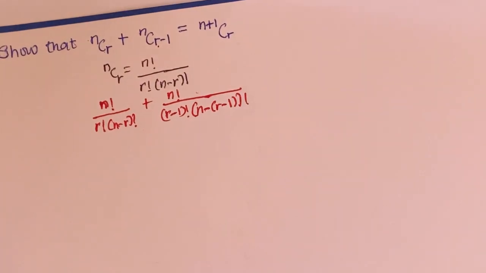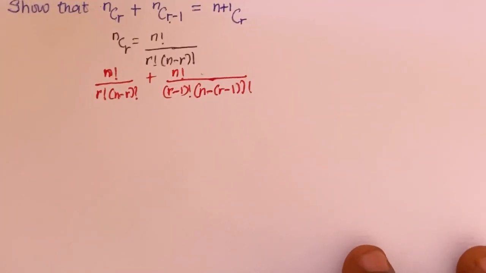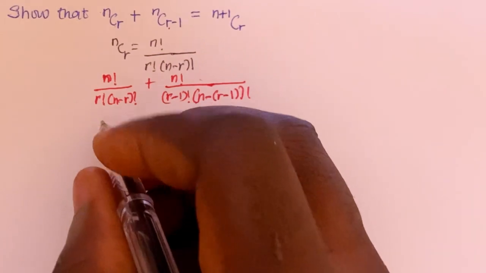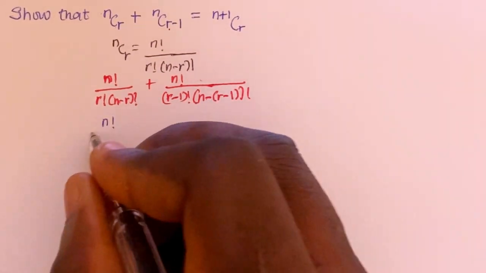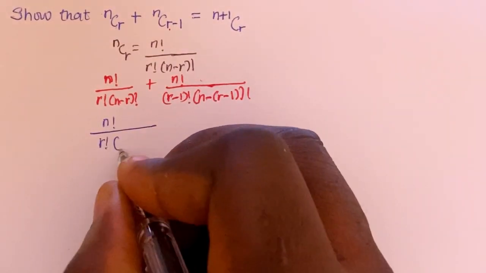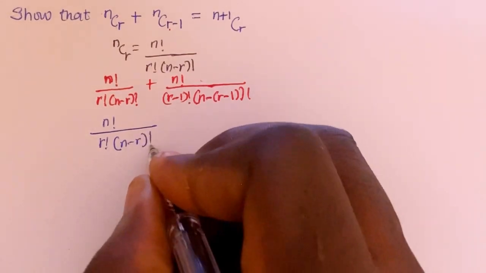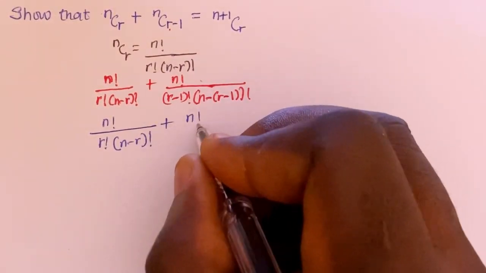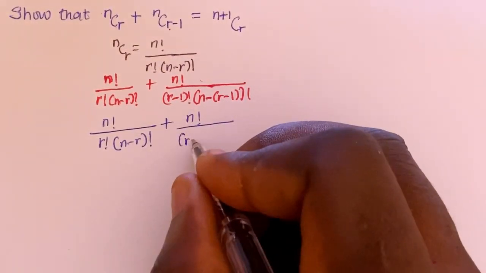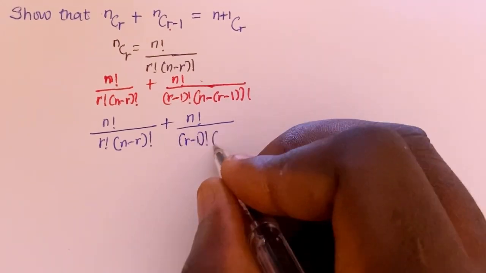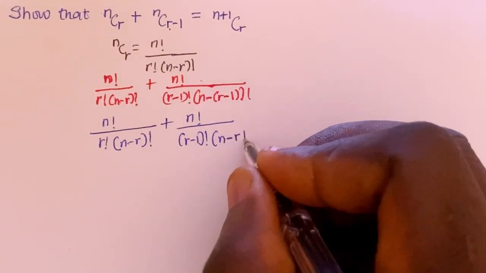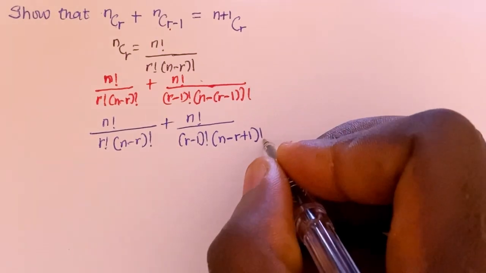So now what I'm going to have is n factorial divided by r factorial into bracket n minus r factorial, plus n factorial divided by r minus 1 factorial into bracket n minus r plus 1 factorial.